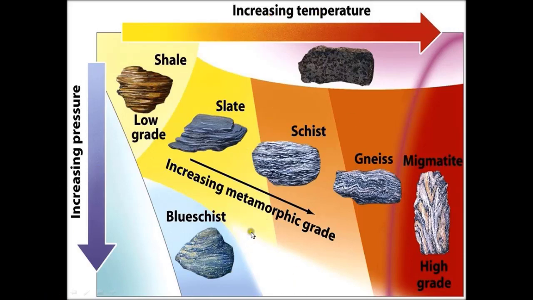Here are the increasing metamorphic grades, the first being the low grade metamorphic rock, which is shale, then slate, then schist and gneiss, and the high grade metamorphic rock is formed with the migmatite. These are the different rocks formed in this process of metamorphism. So this is regional metamorphism.